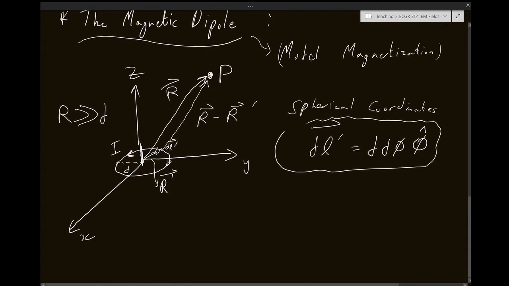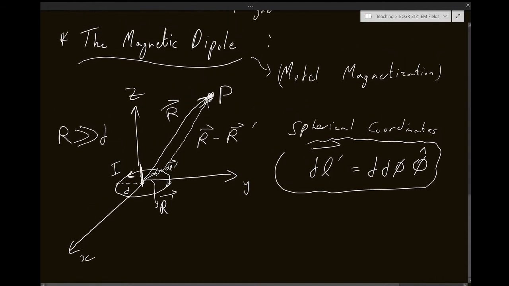By the way, what we want to solve for here, we could do the Biot-Savart law, but we want to solve for A, because solving for A will be easier. A will always match the direction of dl prime, so it will be easier to solve for. And after we find A, we can just find B by taking the curl of A.